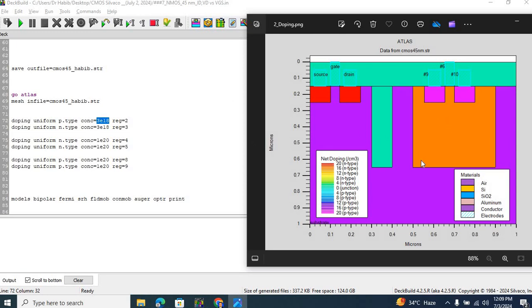Similarly, the N-well over here, looking at the colored chart, is N-type and its doping concentration is also 3 into 10 to the power of 18 per centimeter cube. The drain and source regions are heavily doped for the NMOS and also for the PMOS, this is N-type and this is P-type. Their doping concentrations are 1 into 10 to the power of 20 per centimeter cube.